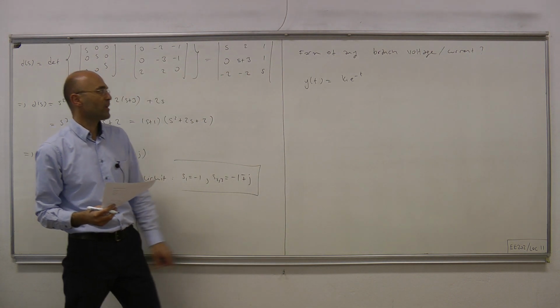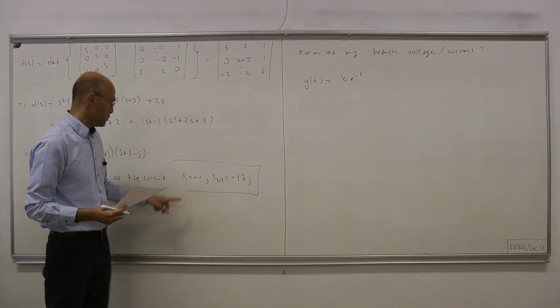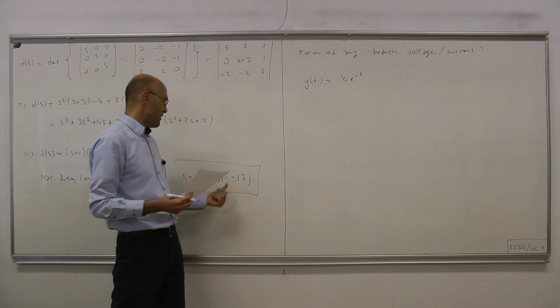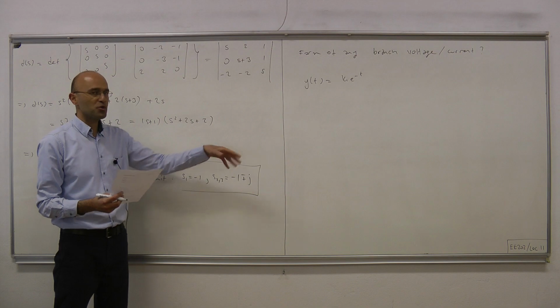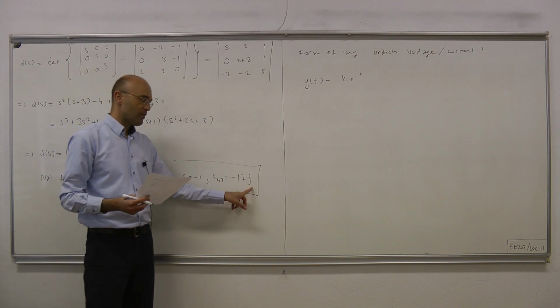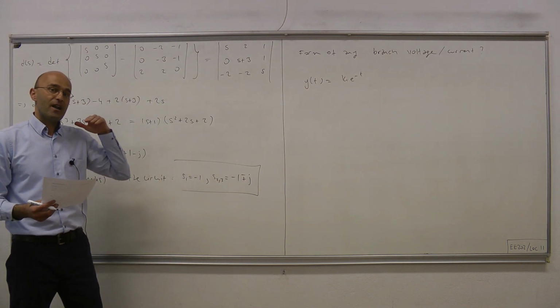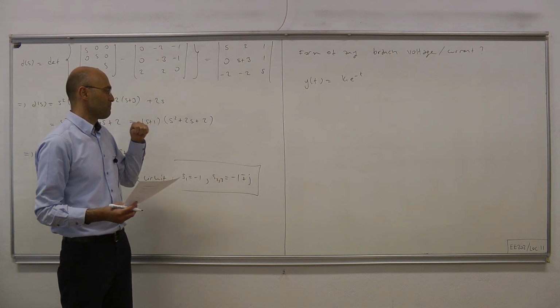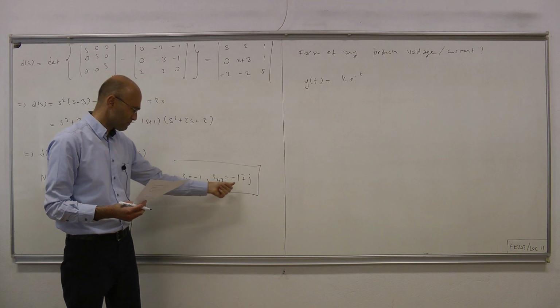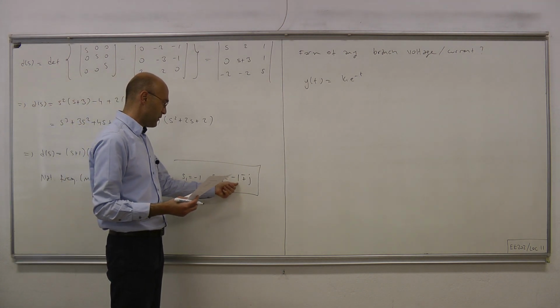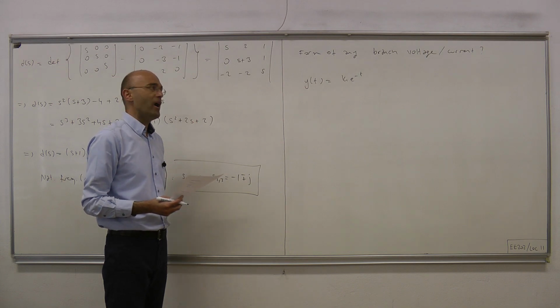times e to the minus t, which is due to the eigenvalue or the natural frequency at -1. And then we have cosines and sines with frequency 1 radians per second, but they are not pure sines and cosines, they are decaying sinusoidal signals, decaying with the term e to the minus t.